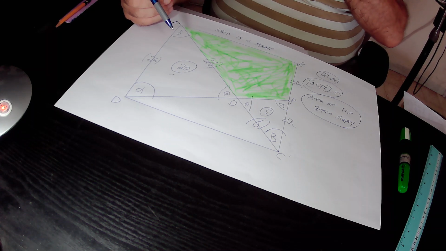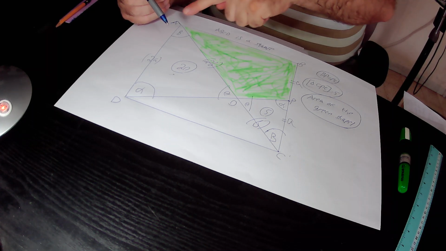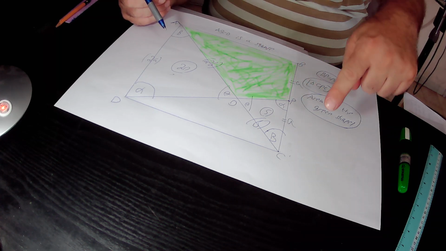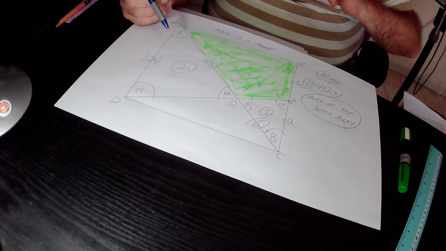We choose the base of triangle ADO as AO, and the base of triangle COD as OC.